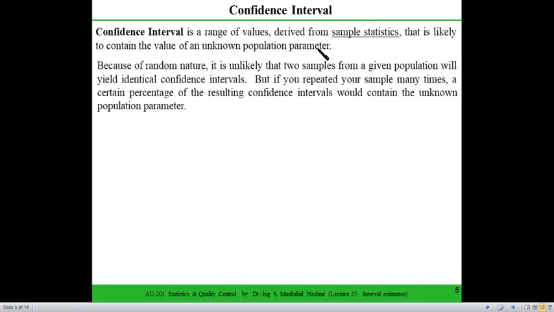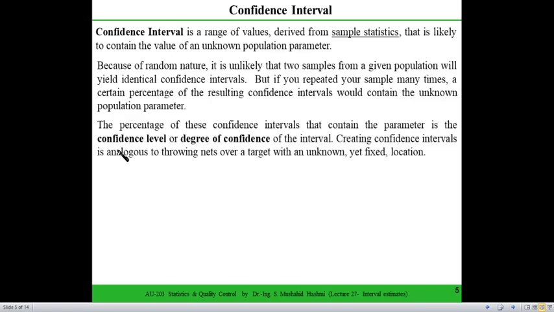So with 95% confidence we can say that the true mean of the population parameter is going to lie within these sample intervals. The percentage of these confidence intervals that contain the parameter is called the confidence level or degree of confidence. For example, in the previous example in Minitab, 95% is the degree of confidence.